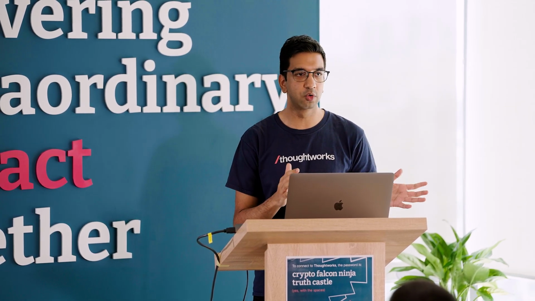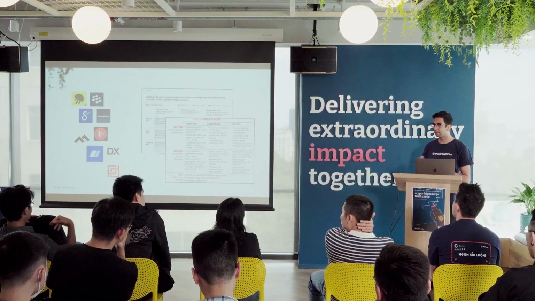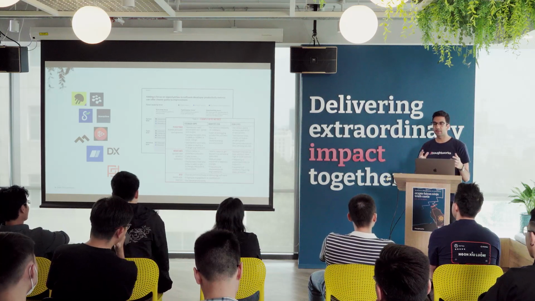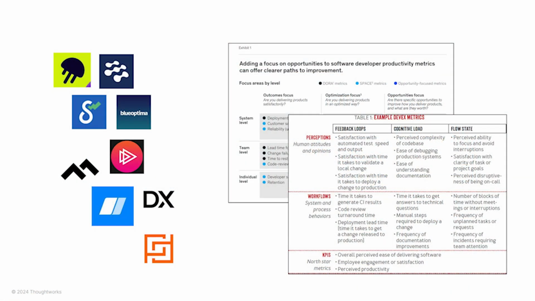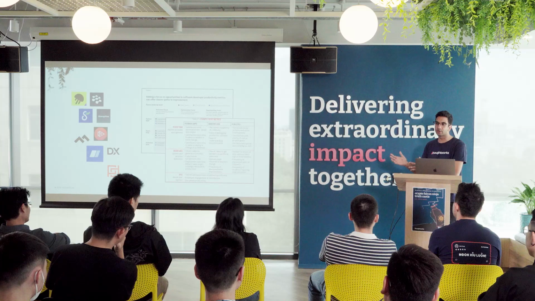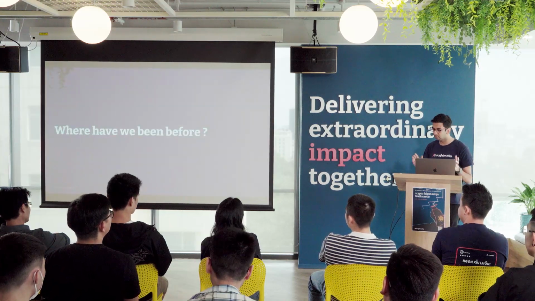But before we do that, I would like to spend a little bit of time going back in history to see how we got here, and whether there are some underlying ideas that have shaped the way we think about software engineering performance and productivity, that we can hopefully use to guide our future decisions. So we'll go back in time and think about where we have been before.